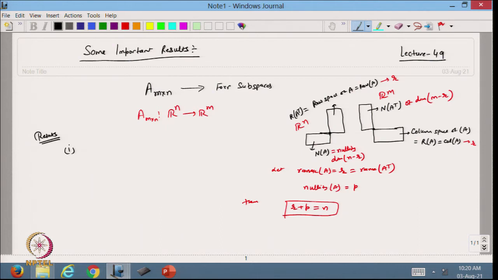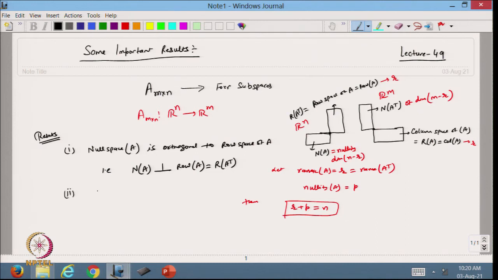The first one is that the null space of A is perpendicular, is orthogonal to the row space of A. So we can write that the null space of A is perpendicular to the row space of A, and the row space of A I can write as the range space of A transpose. So this is the first one.